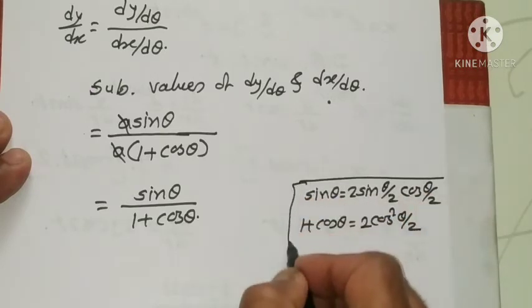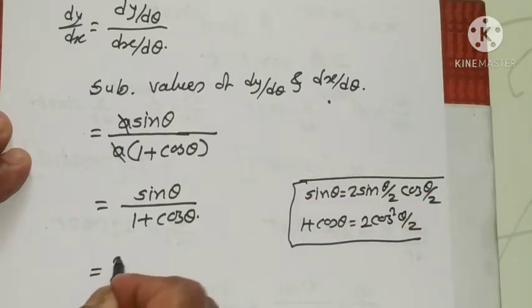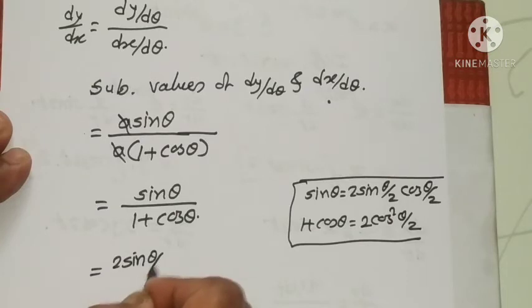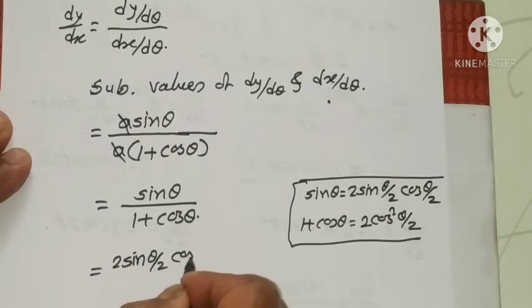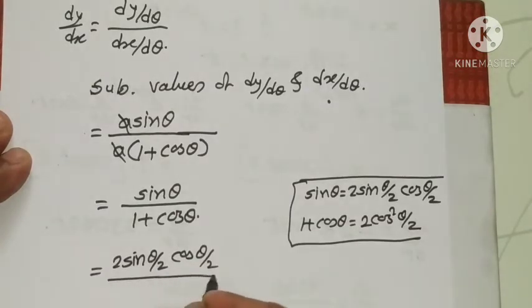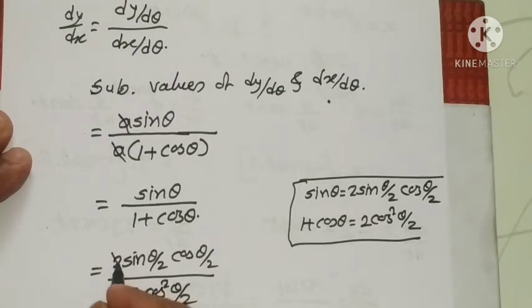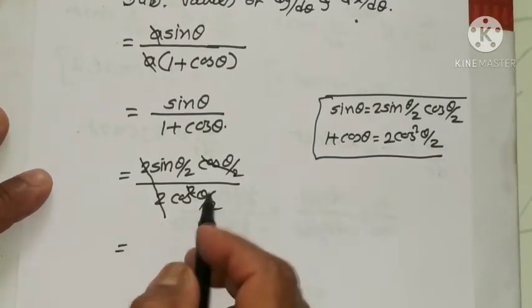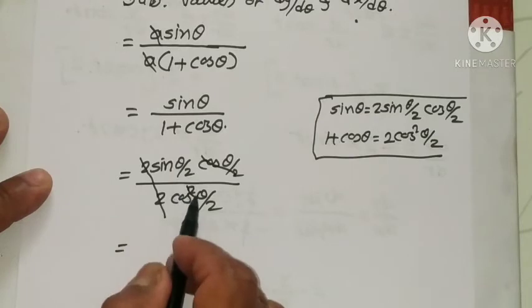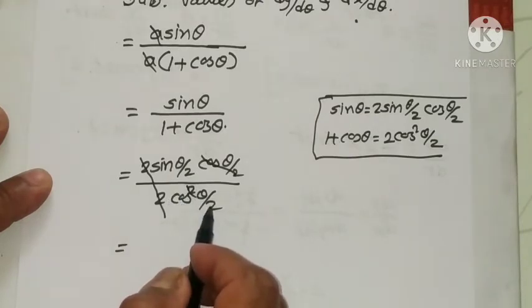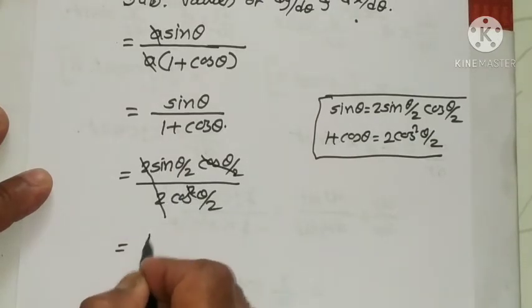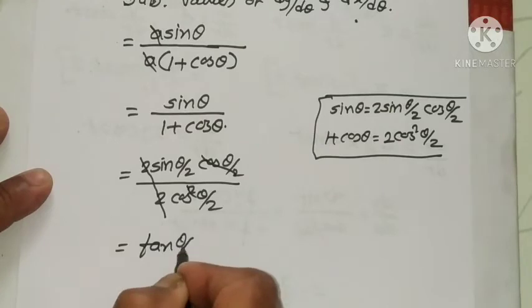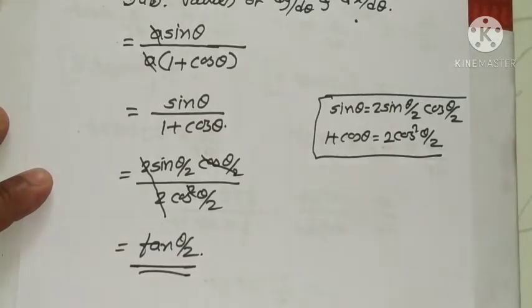Substituting these two formulas, we get 2 sin theta upon 2 cos theta upon 2 divided by 2 cos square theta upon 2. 2 get cancelled. 1 cos get cancelled. Then the remaining term is sin theta upon 2 divided by cos theta upon 2. Sin upon cos is tan. Tan theta upon 2 is the final result.